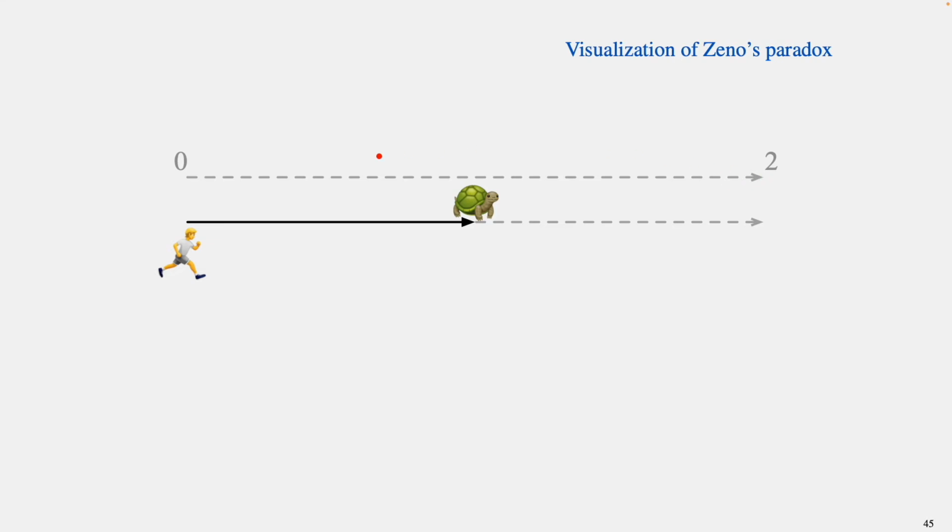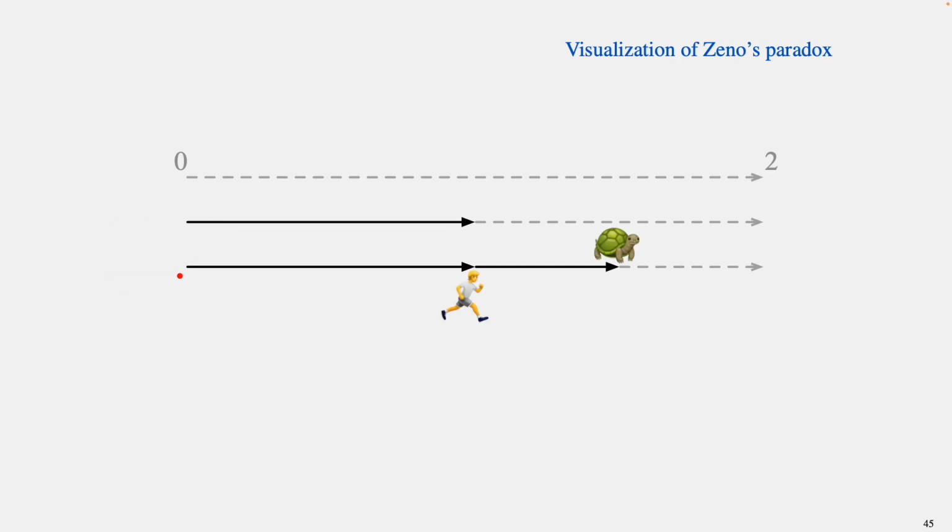Here we have again our length from 0 to 2, and this is the initial condition of the race. Achilles starts at 0 and the tortoise has a head start at position 1 meter. Then, once Achilles has reached the position where the tortoise started, the tortoise has already advanced another ½ meter ahead of Achilles.